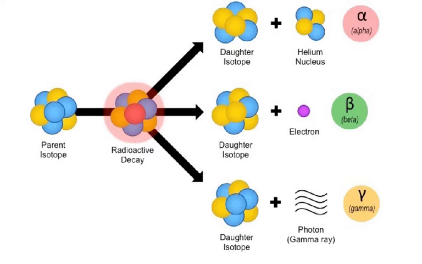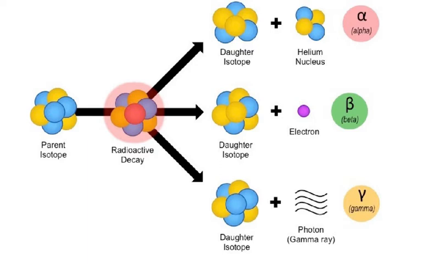In the picture, you see that it can be an alpha particle, a beta particle, or gamma radiation. An alpha particle is positive, beta decay can be positive or negative, and gamma decay is just electromagnetic radiation.